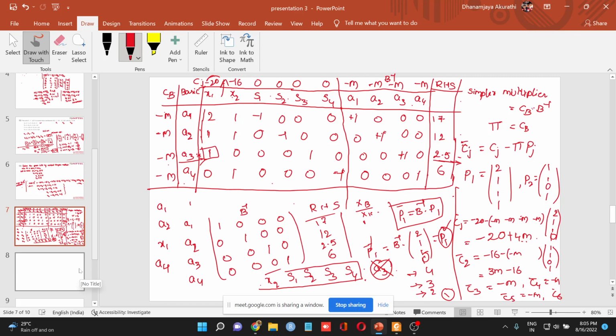Ma'am, you have told that the revised simplex is much simpler and less time consuming than the previous one. Manually we are doing the entire calculations, but in computer-oriented storage, it only stores whatever it requires. That means it can store only B inverse.